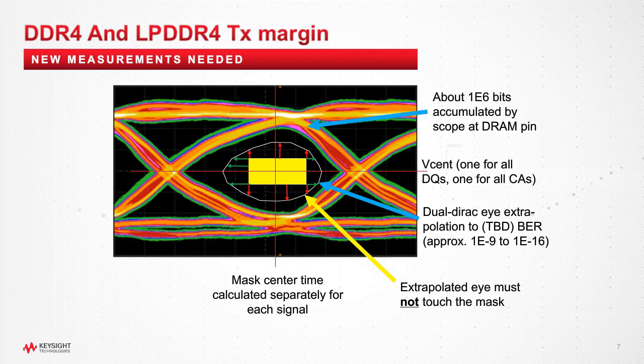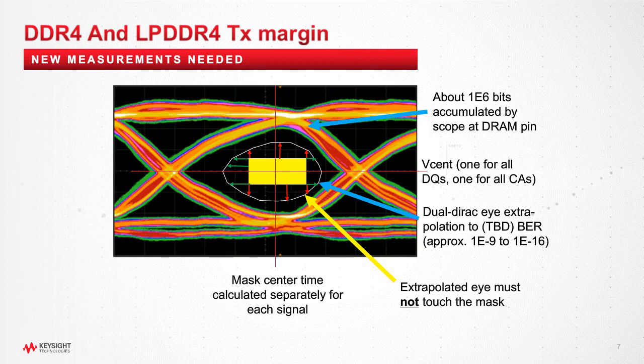And that's why the DDR4 specifications basically said that you need to make sure that the probability of your signal encroaching that yellow region is less than 1e minus 16 if you want to guarantee that the DRAM is going to receive the signal.